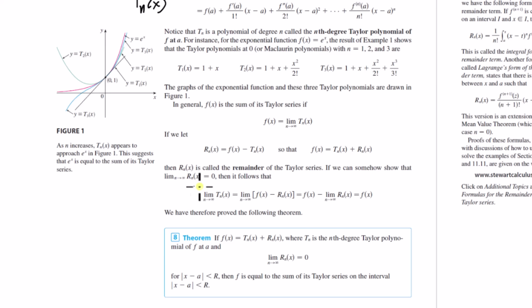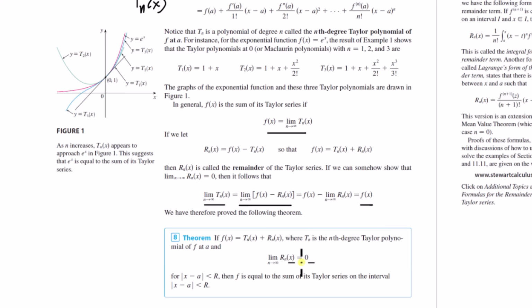Well, we're still assuming this is true, but if the limit as n approaches infinity of R sub n of x is 0, then we've proven that the limit of T sub n of x is f of x.